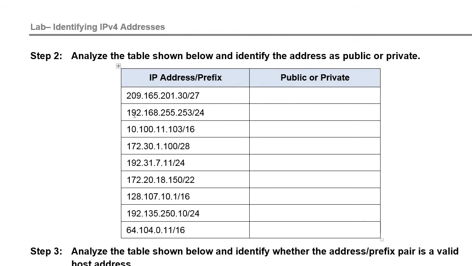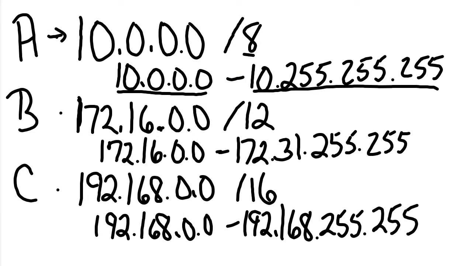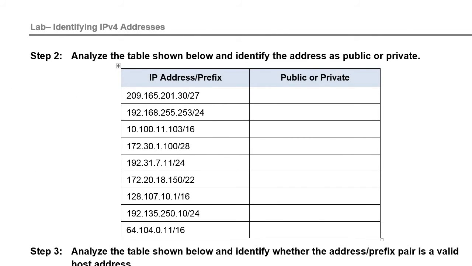Okay, my next one is 192.168.255.253. So again, I'm going to look at my ranges. Is that 192? Nope. Is that 192? Nope. Ooh, wait, here's the 192. So what's my number again? It was 192.168.255.253.